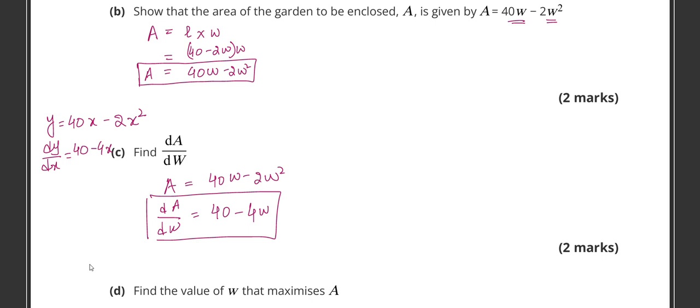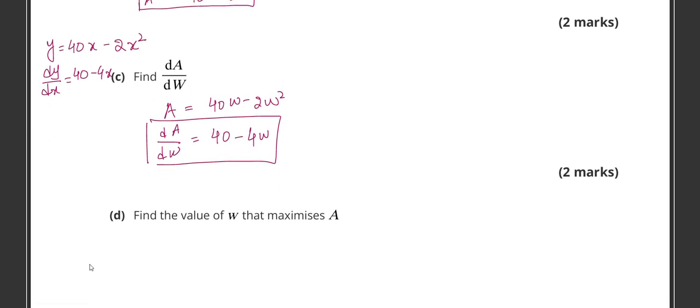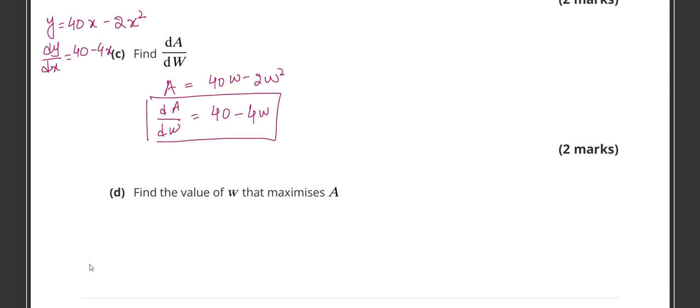He says find the value of W that maximizes A. You know that at a maximum point or minimum point, the derivative turns out to be 0. So just write down dA over dW is equal to 0, and then 40 minus 4W. See, area will not become 0, the derivative will become 0.